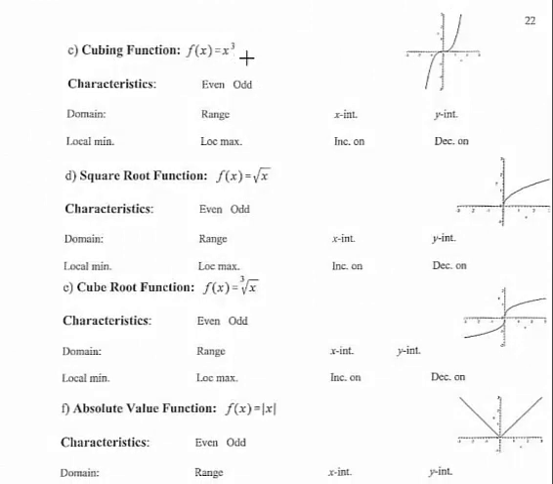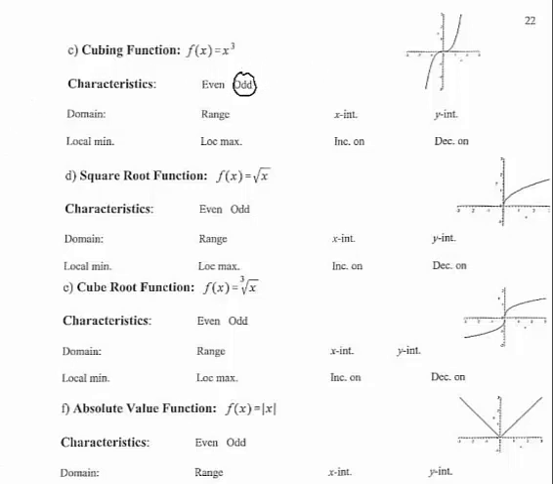Cubing function. We only have this term in the function, and the x variable has an odd exponent. So we only have an odd exponent. The function is odd.